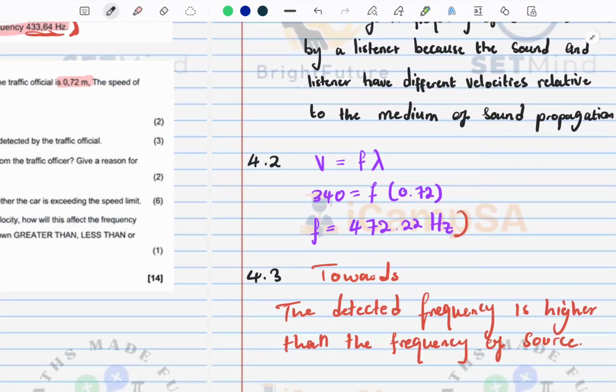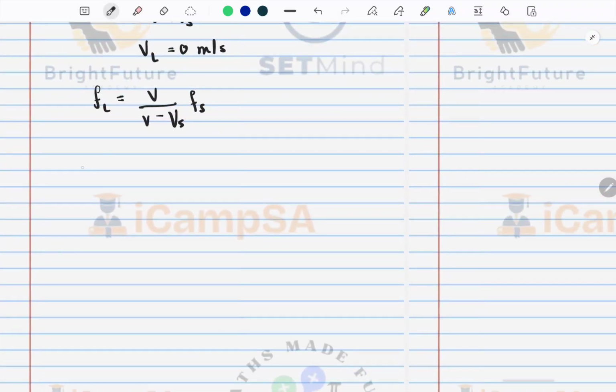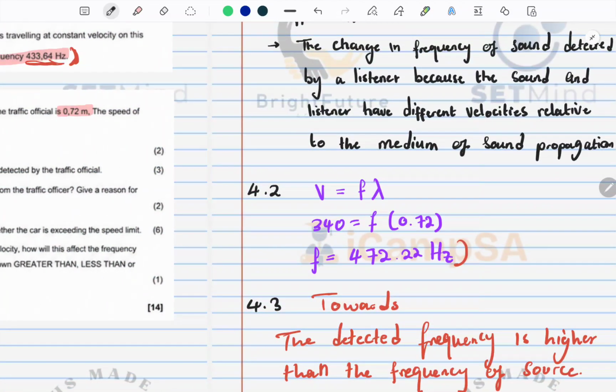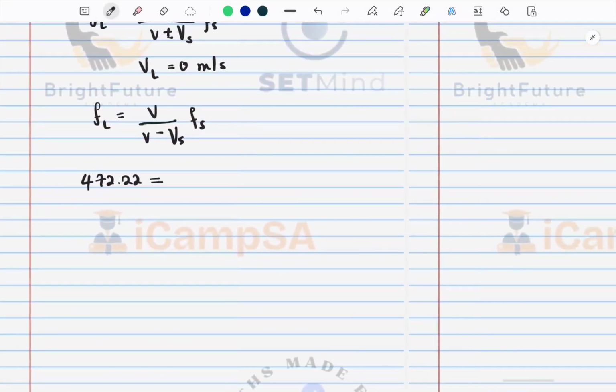So the frequency observed by the listener here is 472.22. So I can say 472.22 equals the velocity of sound, which is 340, over 340 minus V_s, which is what I don't know at the moment.